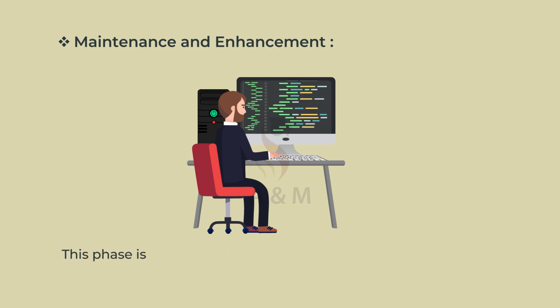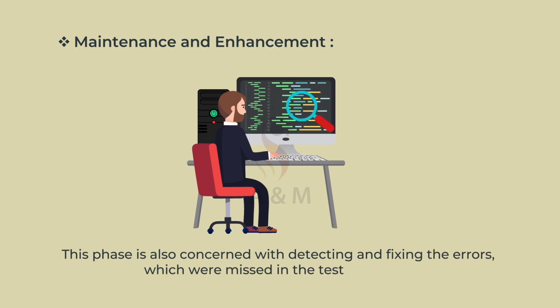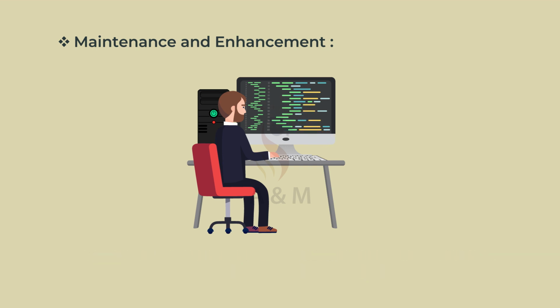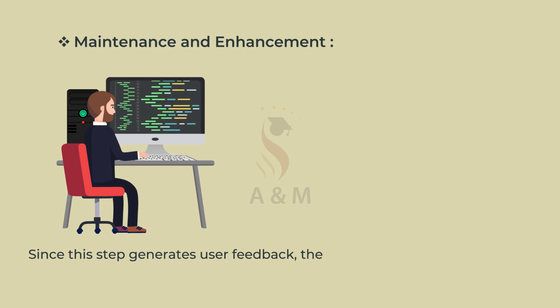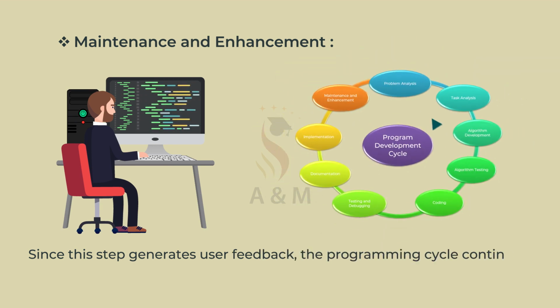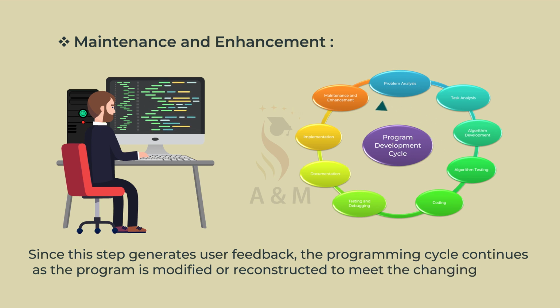This phase is also concerned with detecting and fixing the errors which were missed in the testing phase. Since this step generates user feedback, the programming cycle continues as the program is modified or reconstructed to meet the changing needs.